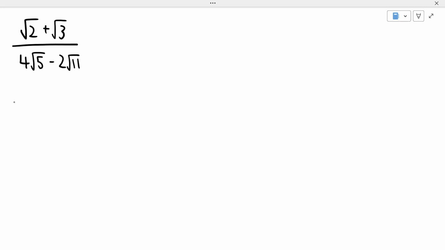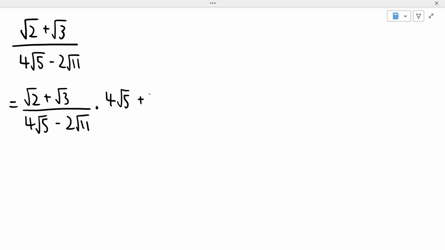So we will rewrite the expression square root of 2 plus the square root of 3 over 4 square root of 5 minus 2 square root of 11, and then multiply this throughout by 4 square root of 5 plus 2 square root of 11 over 4 square root of 5 plus 2 square root of 11.